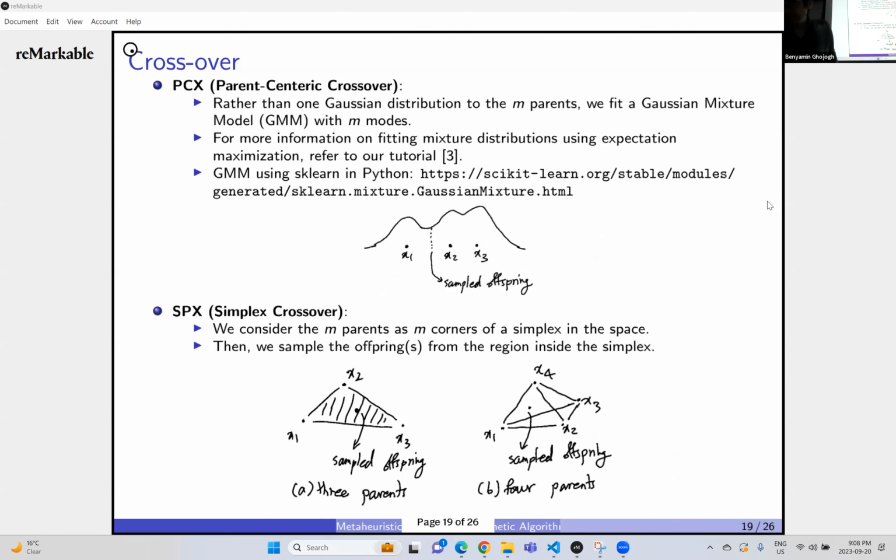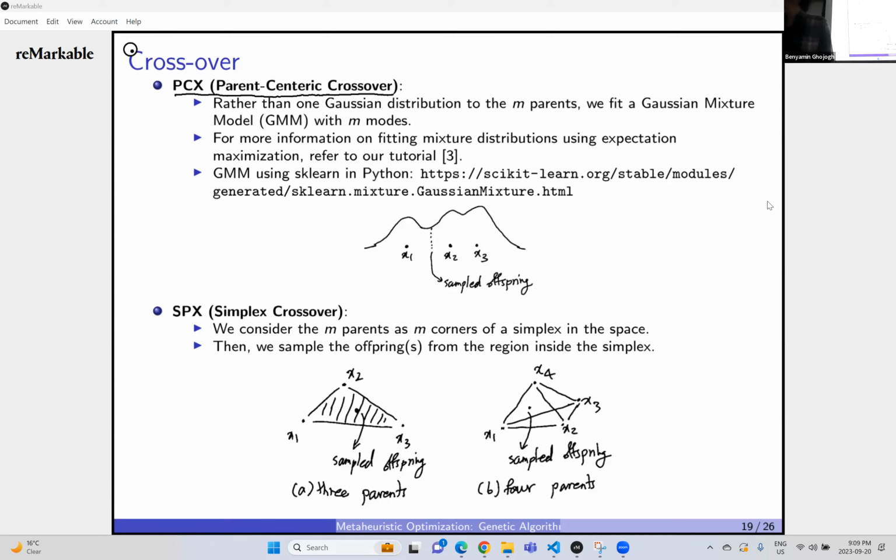You can have PCX, parent-centric crossover. This is more complicated. What is it? Rather than fitting a unimodal Gaussian distribution, let's fit a multimodal Gaussian distribution, a mixture of Gaussian distributions. Have you heard of Gaussian mixture model or GMM? It is simply like this. Consider these 3 points.